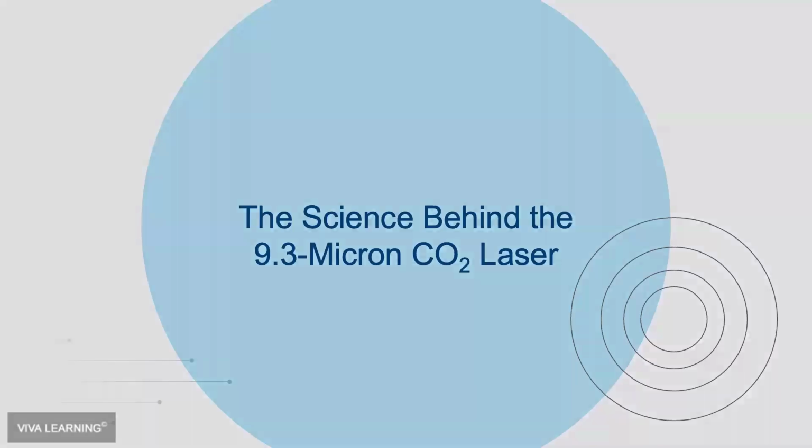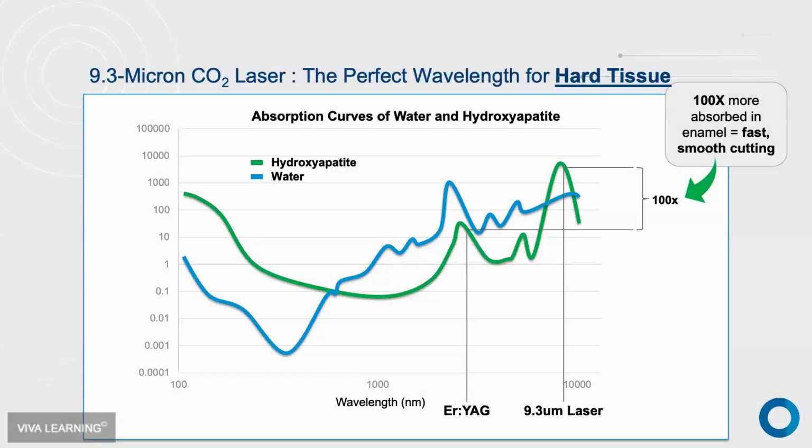So let's look at an example of that. If we follow along here, you can see my mouse pointer. You see where there's a blue line here. Across the bottom, we have wavelengths: shorter wavelengths like UV up to the visible spectrum, all the way up to infrared at your right.